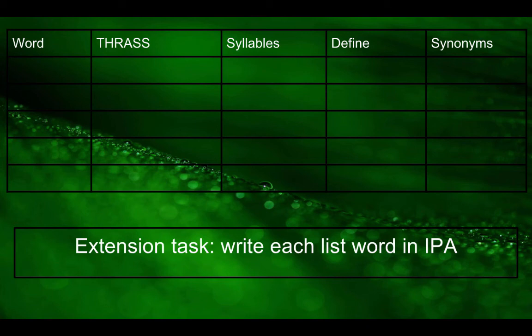It doesn't have to have ST or CT in it. Any word you've come across that you've thought, that is a really interesting word. What a great word. And I want you to add it, and I want you to THRASS it and do the syllables and the definition and the synonyms as well. All right, pause the video, get going, and come back for marking when you're ready.